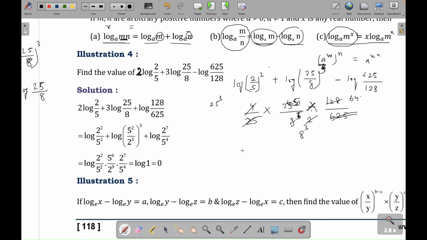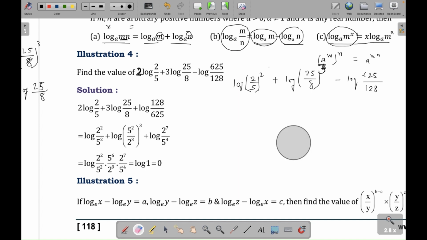So maybe we can solve this again. We'll get 4 upon 25. So this entire thing will be inside log: log of 4 upon 25 multiplied by 25 cube upon 8 cube, and then multiplied by 128 upon 625. That is it.